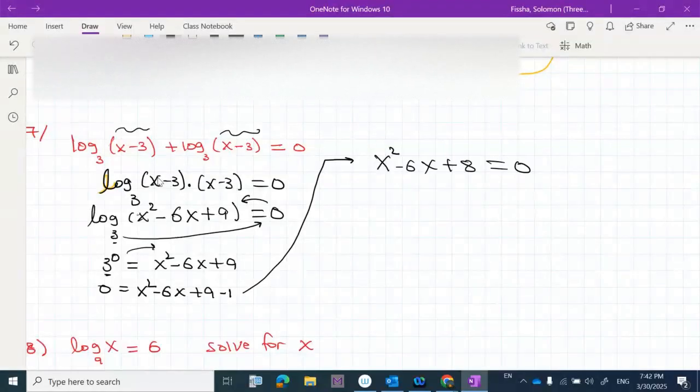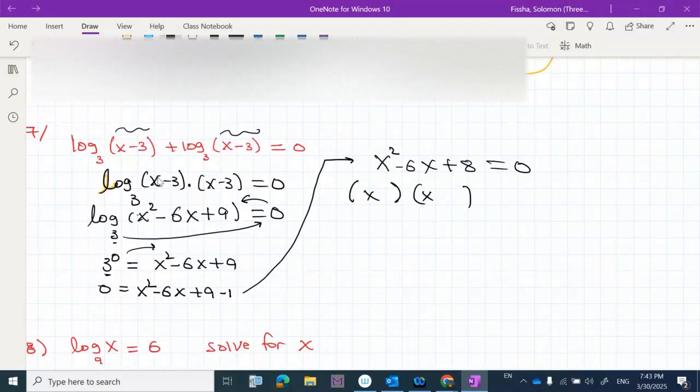Yay. So this is quadratic, as always. I open two parentheses, x and x. As always, I have to look for two numbers that give me 8 when I multiply them and give me negative 6 when I add them.